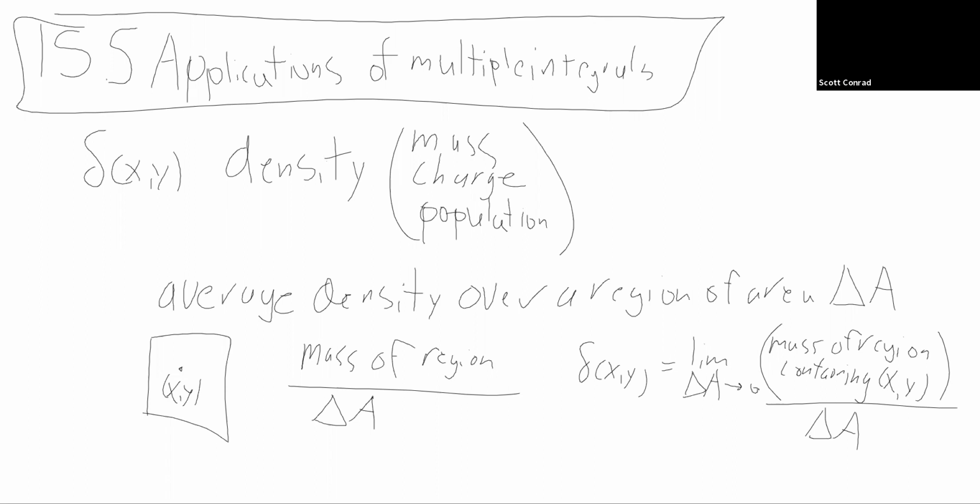And you take smaller and smaller areas as it approaches 0. In the limit, we get the density at the point x, y. Not super important where that came from, but that is what the density is. So, given the density function, how do we find the total? Right? How do we find the total mass, total charge, total population of some region?